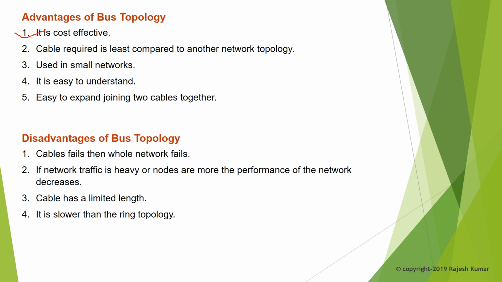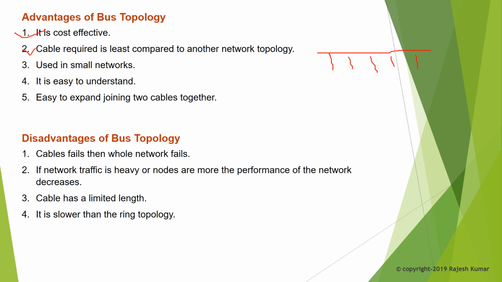The second advantage is that we need fewer cables for this topology than any other topology. Let's say we have one cable and we can use 5 different computers. We can connect all of them to this single wire. However, in the other topologies, which we'll discuss a little later, if we have 5 computers, we need more cable than this.